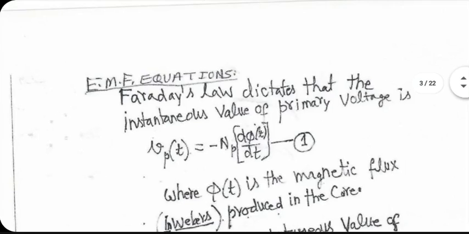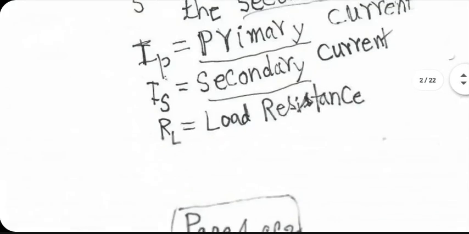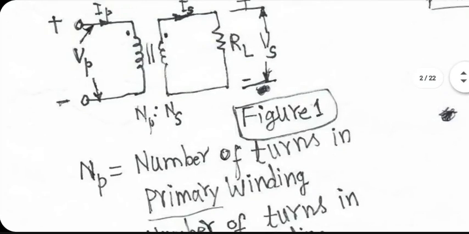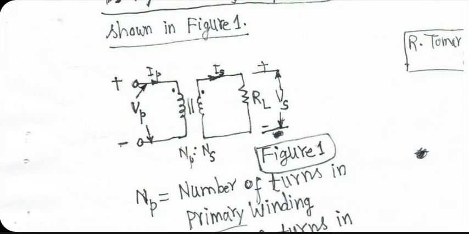These equations are derived based on Faraday's law. Assuming that the magnetic flux generated in the core is phi, and it's a function of time, obviously, because the input voltage is a function of time, and it's a periodic function, that is also a definition. Unless otherwise stated, we will assume periodic function.